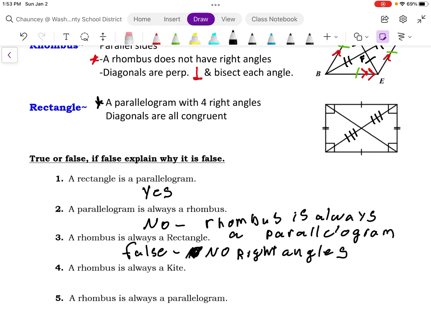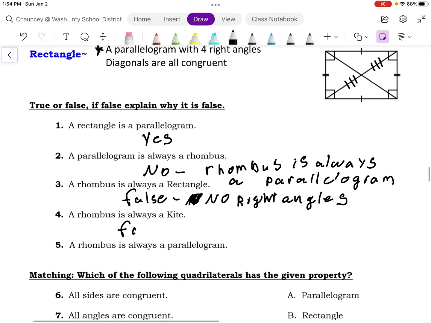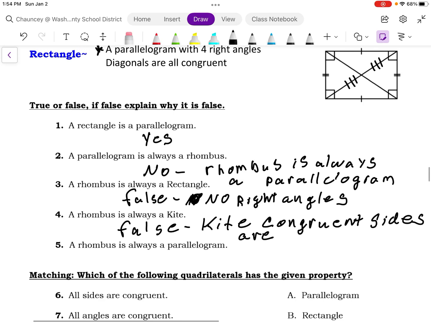What about a rhombus always being a kite? Rhombus being a kite? No, that would be false as well. And why? Because in kites, congruent sides are consecutive.